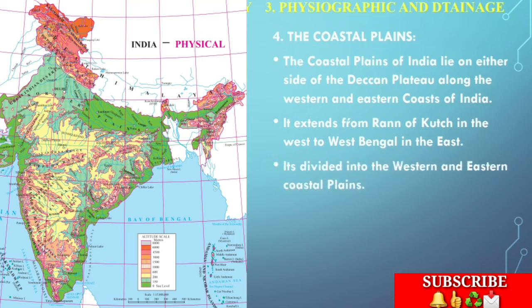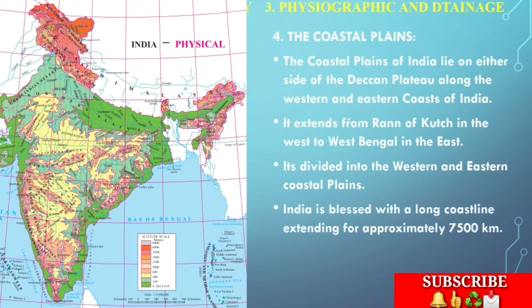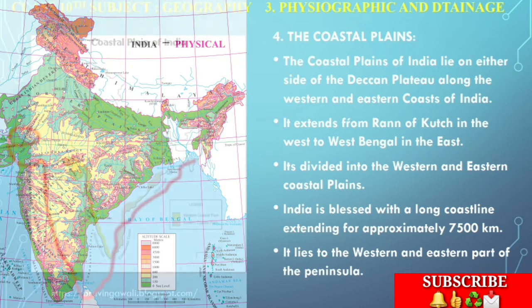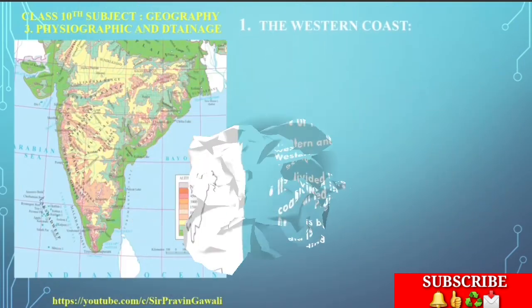It is divided into the western and eastern coastal plains. India is blessed with a long coastline extending for approximately 7,500 km. It lies to the western and eastern part of the peninsula.